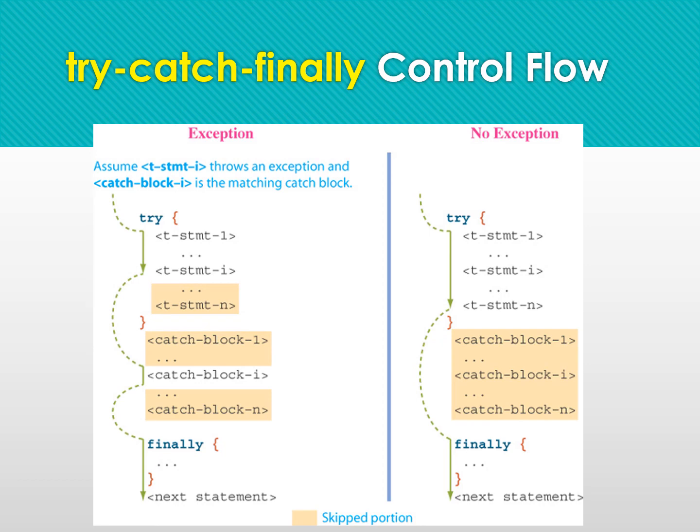Let's say there is no exception at all in the try block, so everything is executed, skip all the catch and do finally. So finally is the part of code where you want to execute regardless of whether there are exceptions or not.